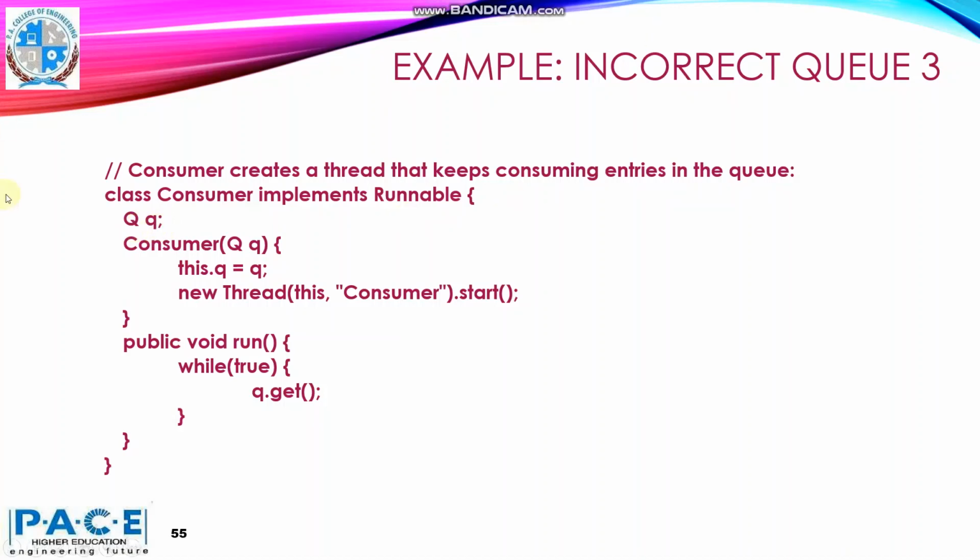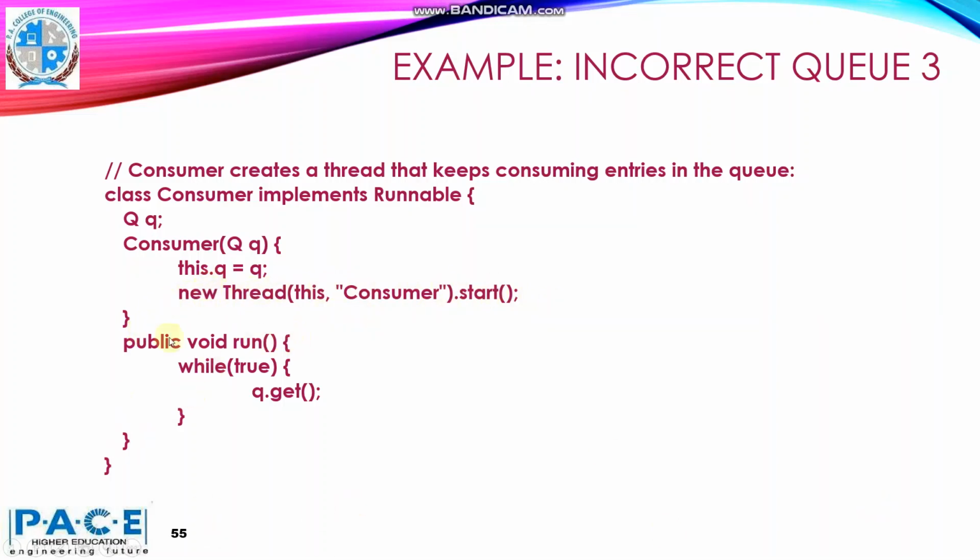The consumer constructor takes a parameter, an object of type Queue, and that it uses to initialize its data member queue. Then we create the consumer thread by instantiating Thread. We pass this reference, we give the name Consumer thread, and we start the thread. As soon as the thread starts, it invokes the run method.